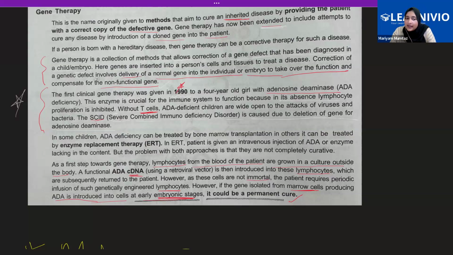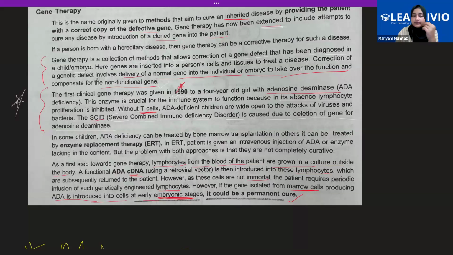In some children, the ADA deficiency can be treated by bone marrow transplant. You know that lymphocytes are made in the bone marrow, and T lymphocytes mature in the thymus, isn't it? And B lymphocytes are made in the bone marrow and mature in the bone marrow. Remember, human health and disease, forgotten? Remember?